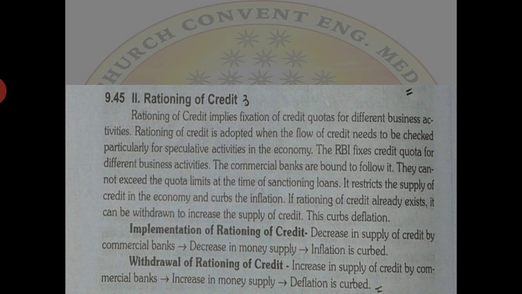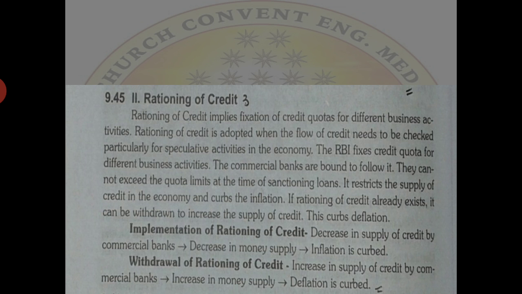When there is a need to relax rationing of credit, it means the economy is suffering with the state of deflation, then that restriction is abolished for a period of time so that the money supply can be adequate in the economy.